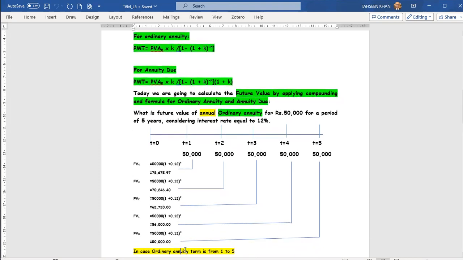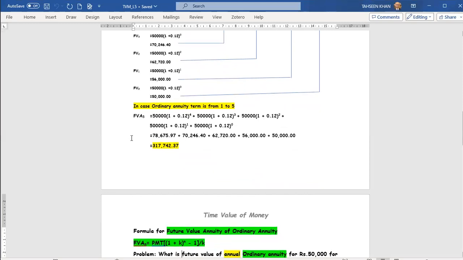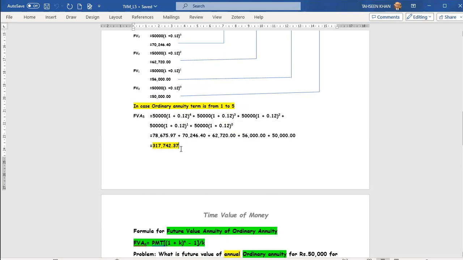So the total value comes to 50,000. We sum all the above values and our answer comes to 317,742.37.